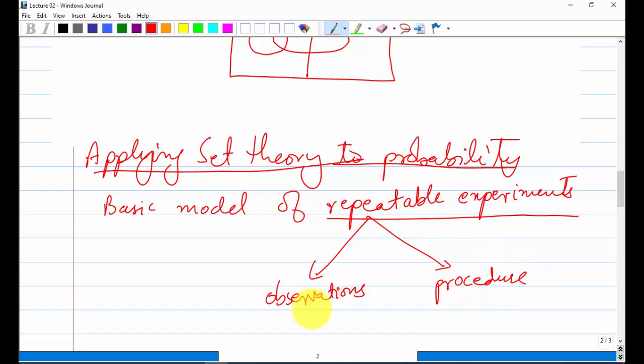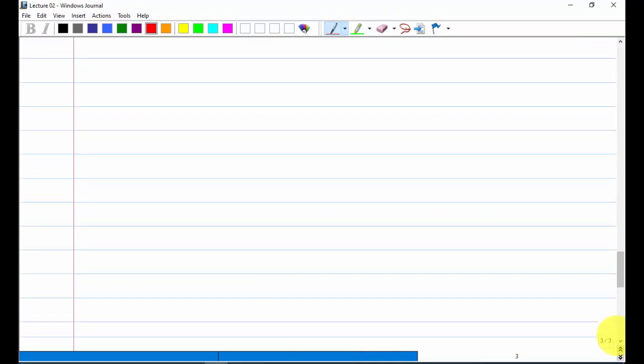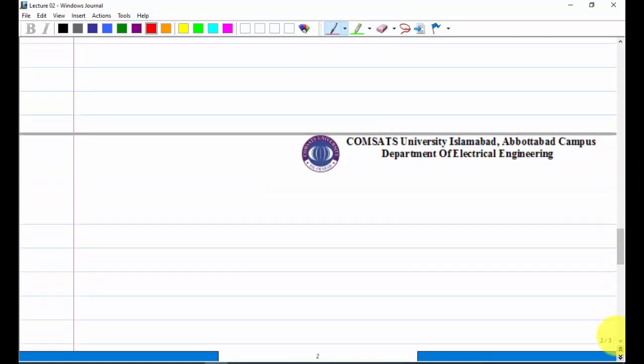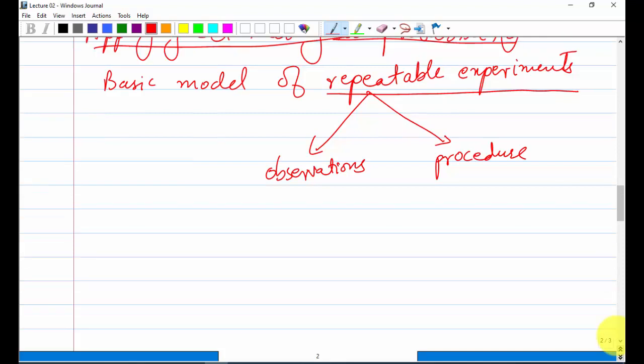So in all these steps we want to observe the uncertainty.